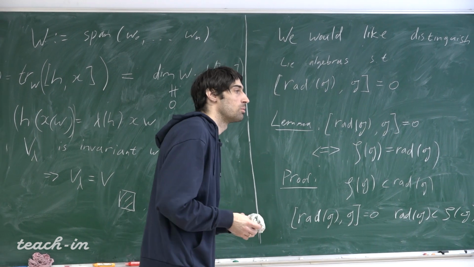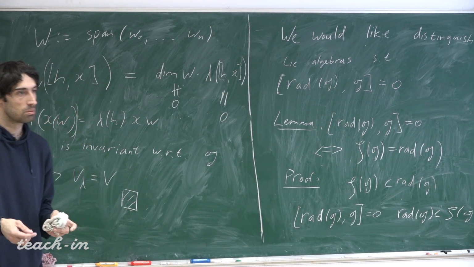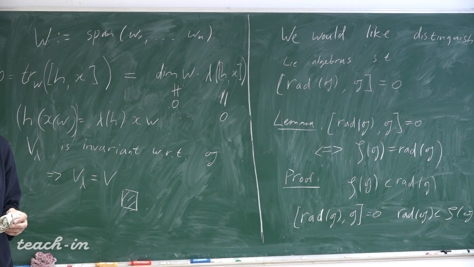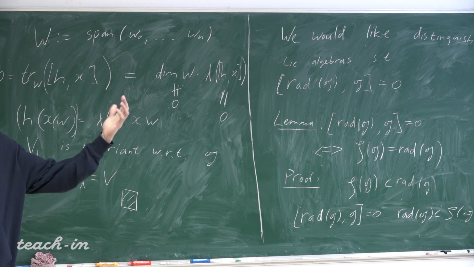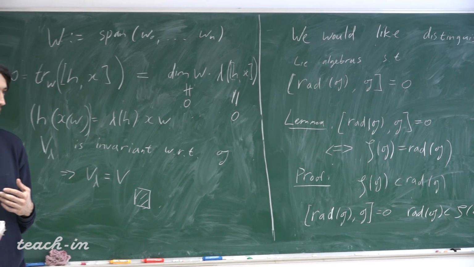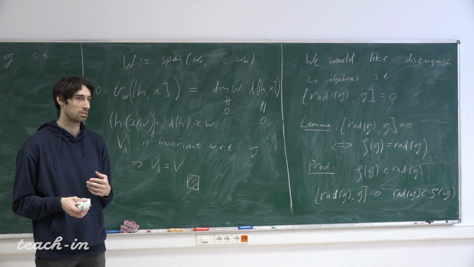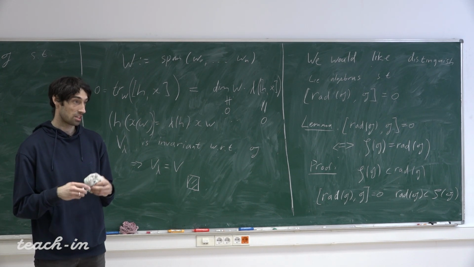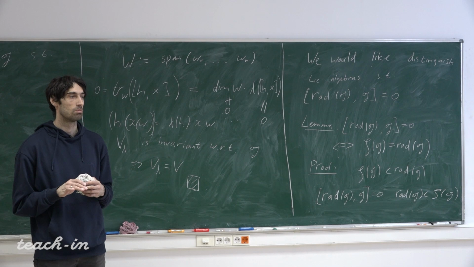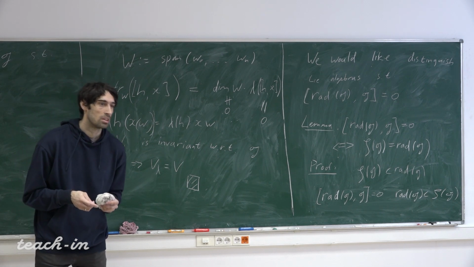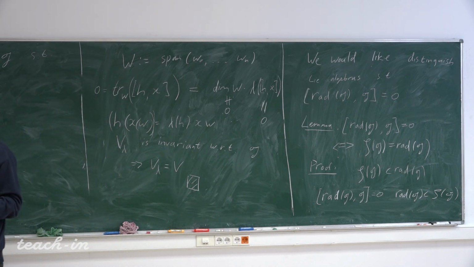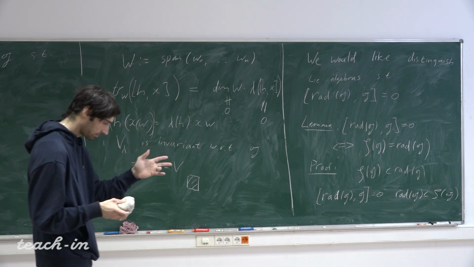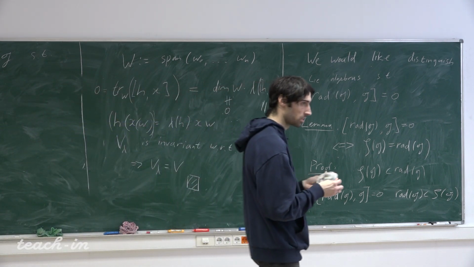But we also have Ado's theorem, which says that every finite-dimensional Lie algebra is actually a subalgebra inside GLN. So it's not a big sin to think about brackets as commutators. It's a very non-trivial result, though, but it's true. It is equivalent to saying that a finite-dimensional Lie algebra has a faithful representation.